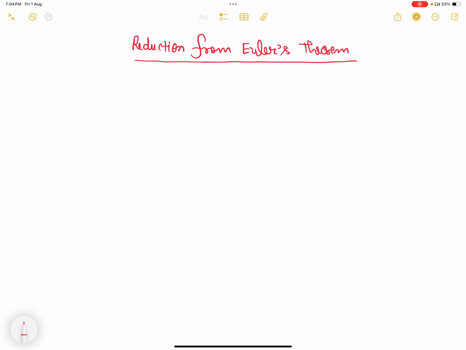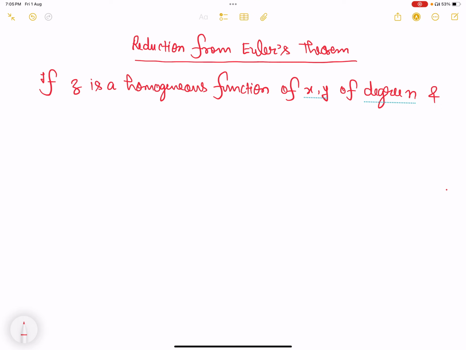Okay. So if Z is a homogeneous function of x comma y of degree n and Z is equal to f(u), it means Z is a function of u.